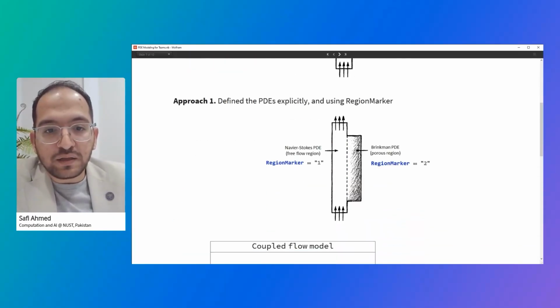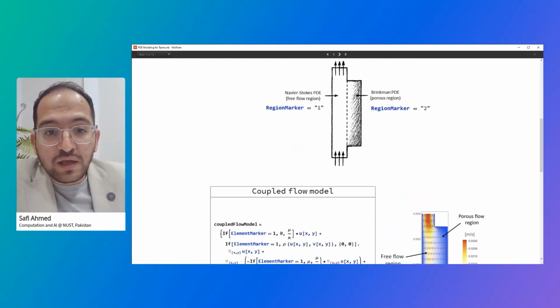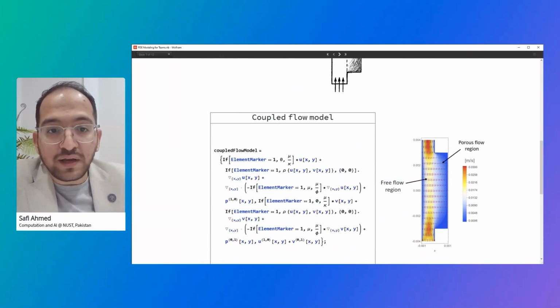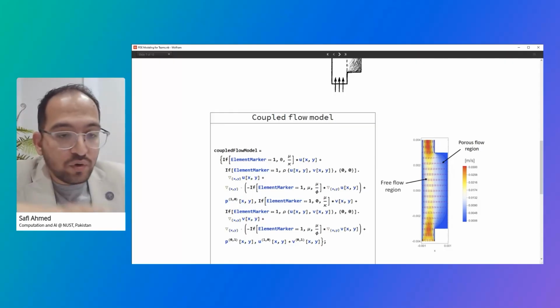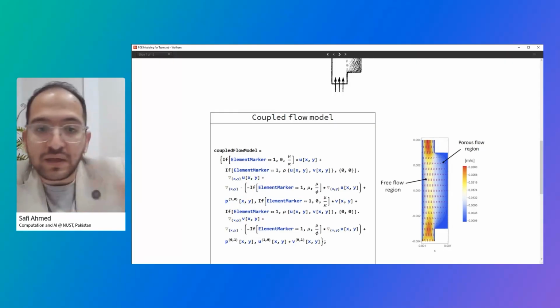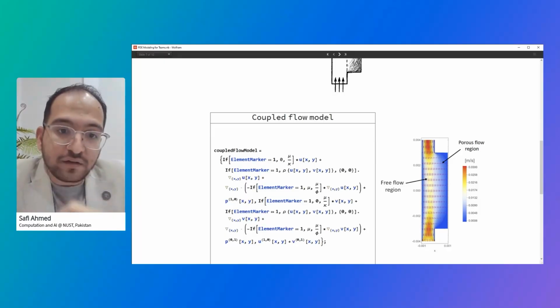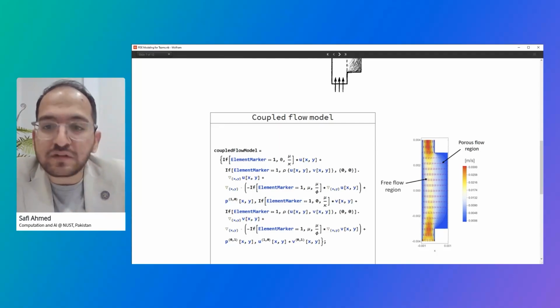This is basically the same code that I showed you in an earlier slide, where I wrote the code without the PDE components, and you can see that there's no distinction of where my Navier-Stokes equation is, or where my Brinkman equation is. I cannot make that distinction, and also there are if statements flying everywhere.